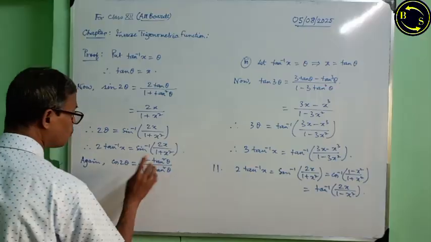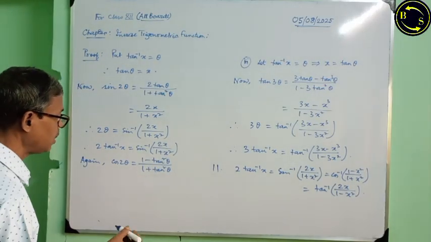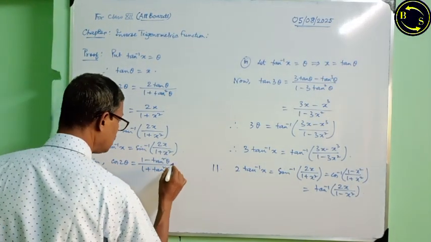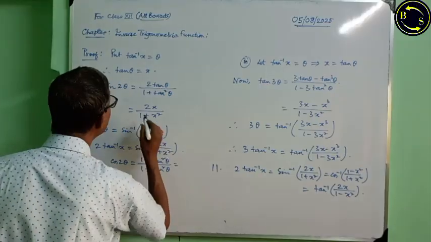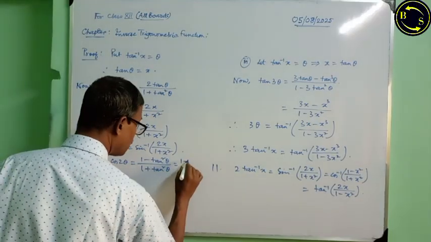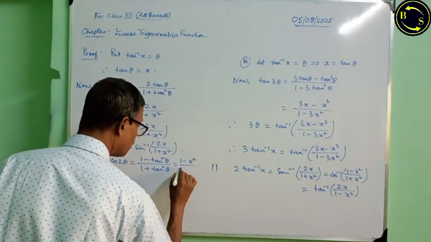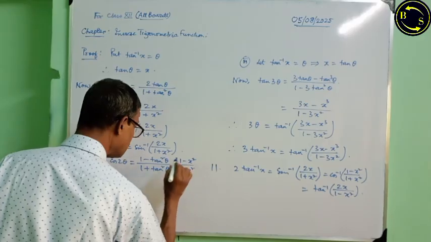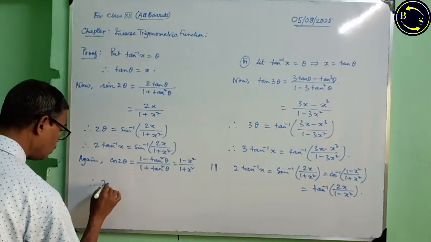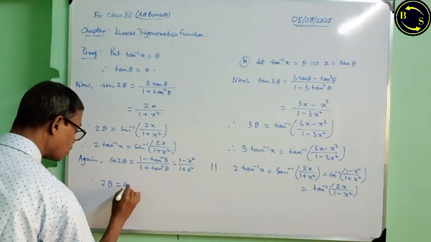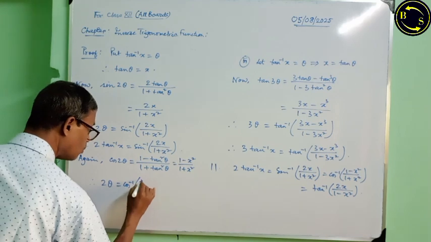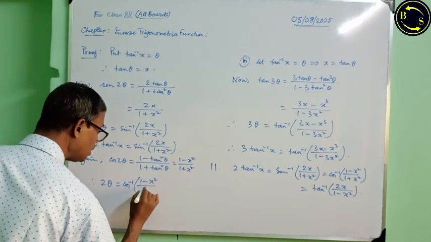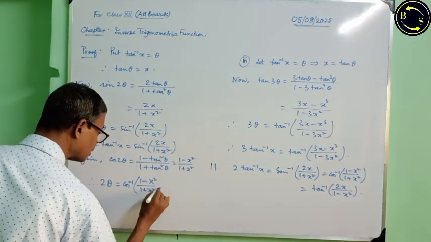Thus, cos 2 theta equal to 1 minus tan square theta by 1 plus tan square theta. We put the value of tan theta here: 1 minus x square by 1 plus x square. Therefore, 2 theta equal to cos inverse of (1 minus x square) by (1 plus x square).